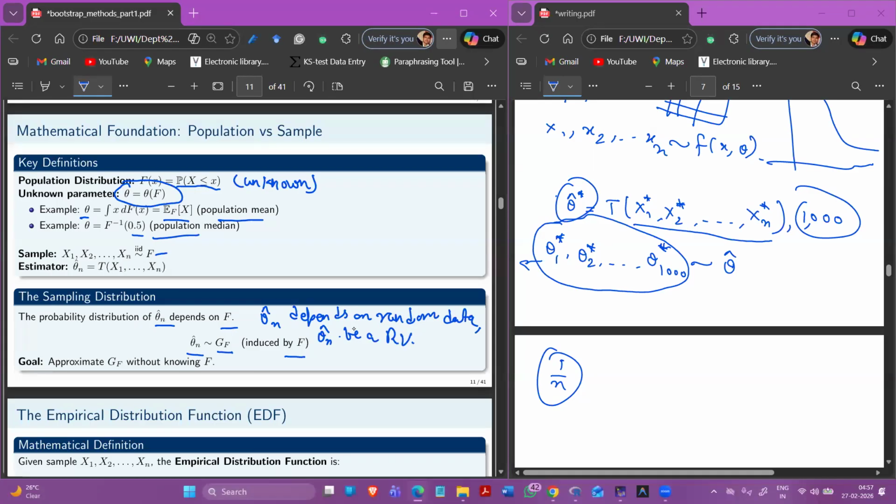So when we say that G_F is induced by F, why?